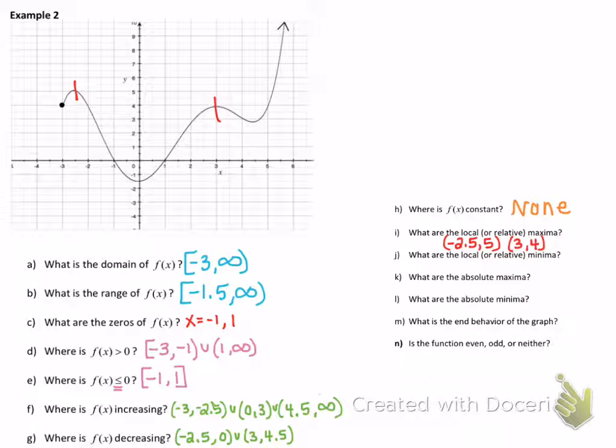And then my two minimums are at (0, -1.5) and (4.5, 2.75). Okay, so are any of these absolute mins or maxes? We don't have an absolute maximum because the graph continues up forever. And then for minimums, we do have one, and that's the one at (0, -1.5).